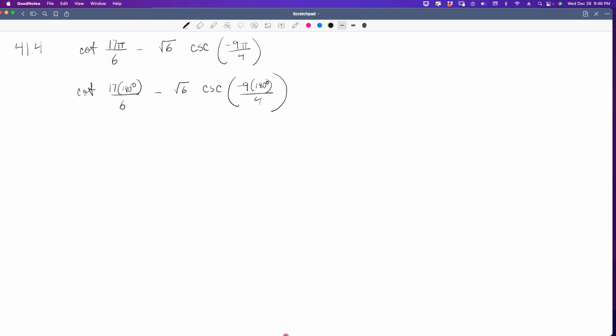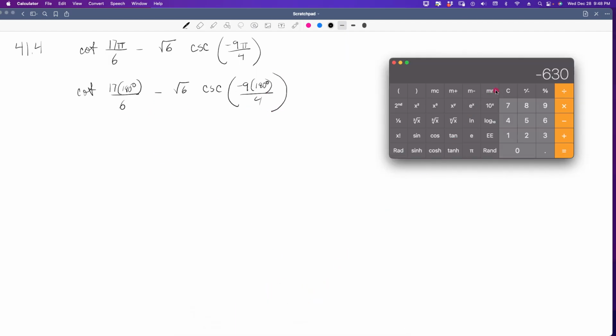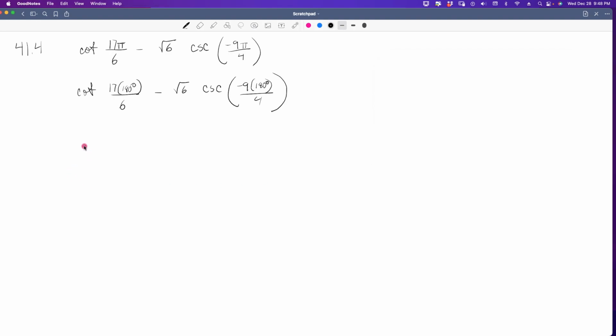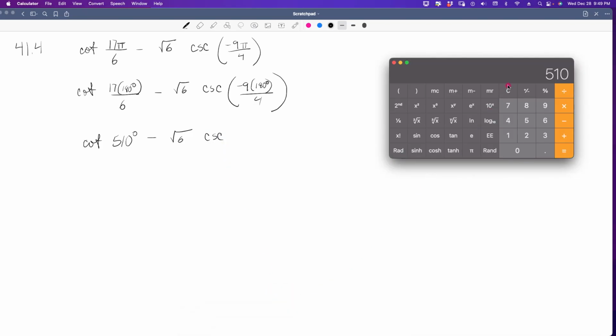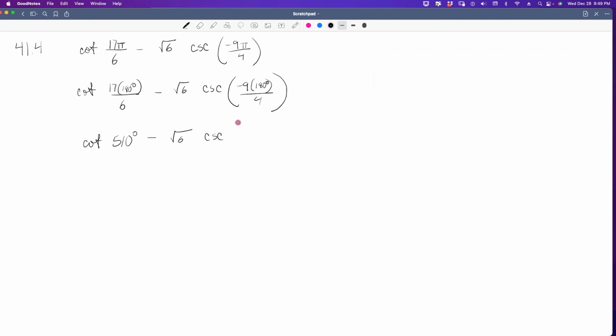So let's evaluate those by pulling up my calculator. 17 times 180 divided by 6. So the cotangent of 510 degrees minus the square root of 6 times the cosecant of -9 times 180 divided by 4, -405.